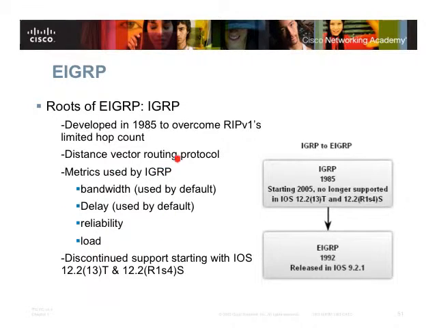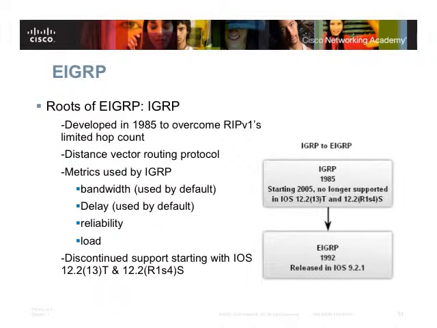So the concept of composite metric is based on the fact that you use multiple parameters of the link, okay, and combine that into one metric. And as we talked about before, IGRP uses 4 different parameters: bandwidth and delay, and those are offline parameters. What does that mean?